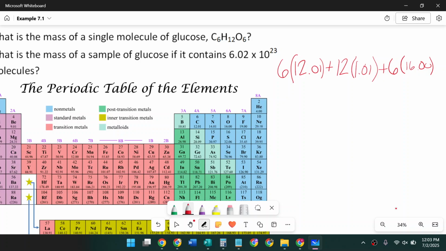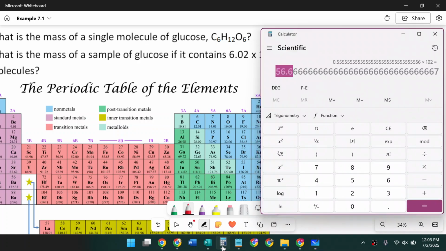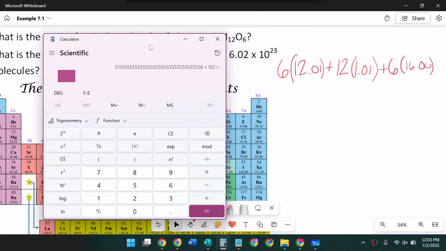When we add these up, we have to recognize that we are not really multiplying the 6 times 12.01, because you can't have a portion of an atom. The way multiplication really works is that it's a shortcut to addition. What we're really doing is adding 12.01 to itself 6 times.